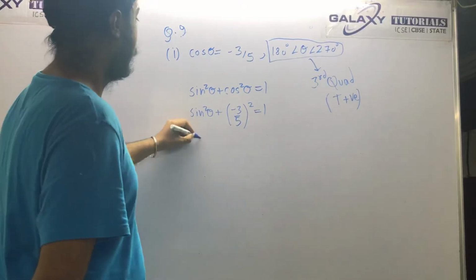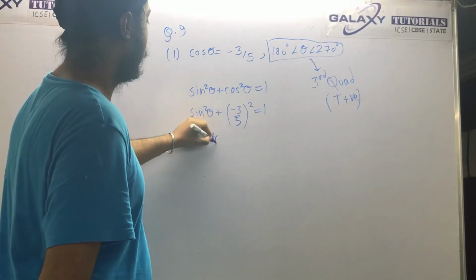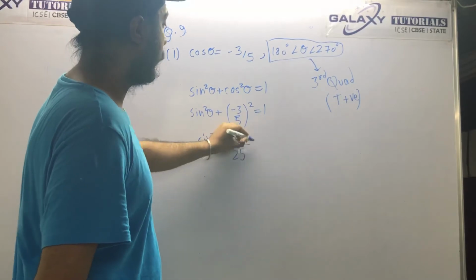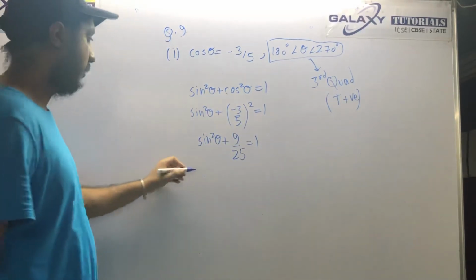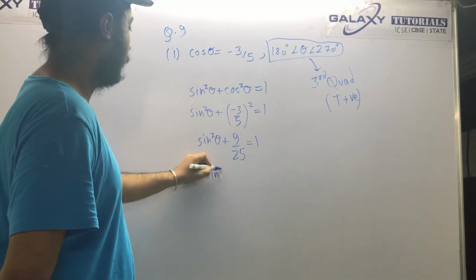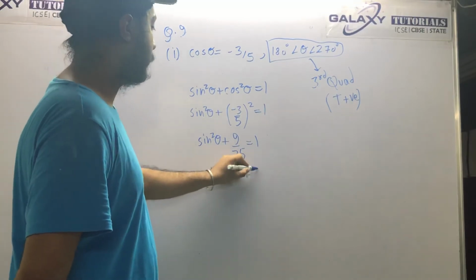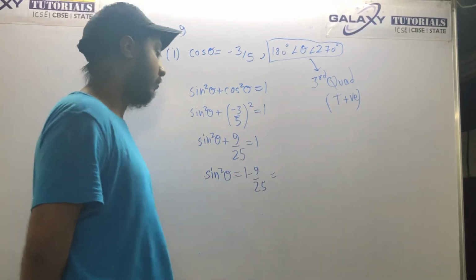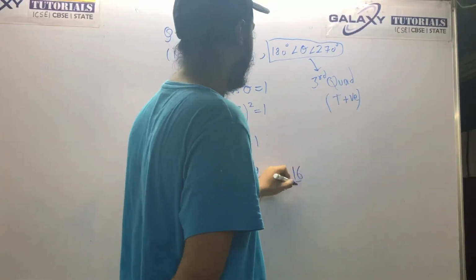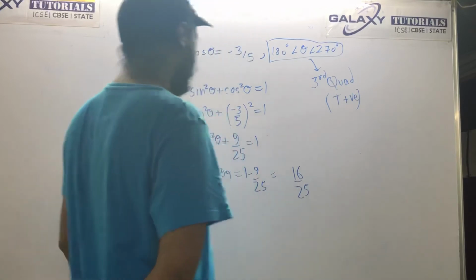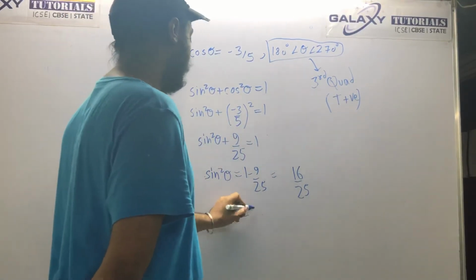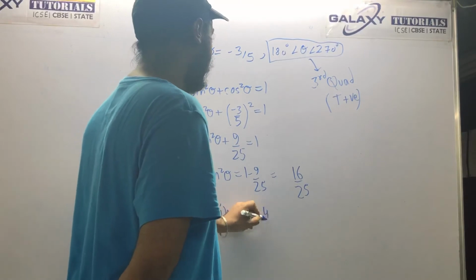So sine square theta plus 9 by 25 is equal to 1. Sine square theta is equal to 1 minus 9 by 25, which is 16 upon 25. So sine theta, taking the under root, will be plus minus 4 upon 5.